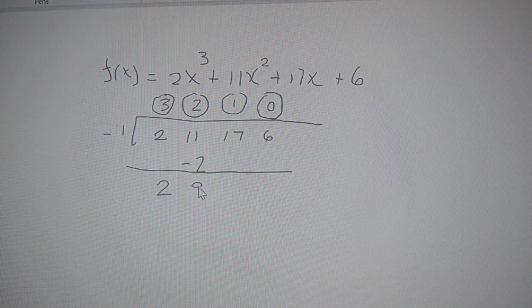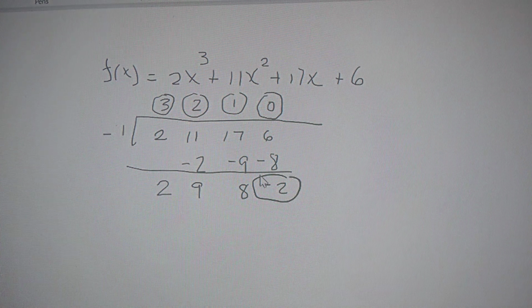That would be 9. 9 times minus 1 is minus 9. 17 minus 9, that would be 8. 8 times minus 1 is minus 8. Minus 2. That's not 0, is it? It means that minus 1 is not a root. So we have 1 and minus 1 are no good.